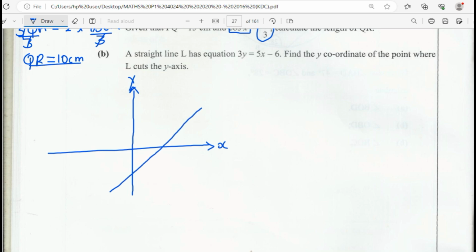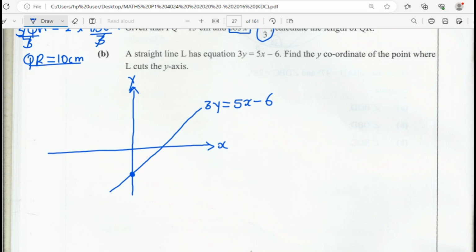We are told it has this equation, 3y is equal to 5x minus 6. Now we want the y coordinate of the point where L cuts the y-axis.